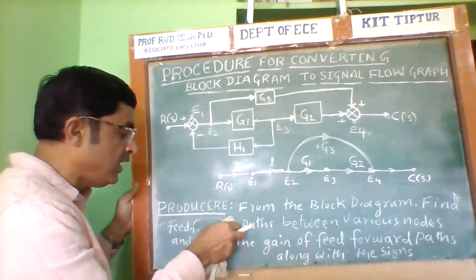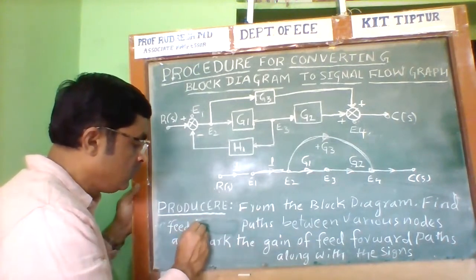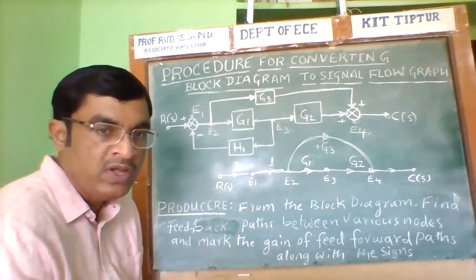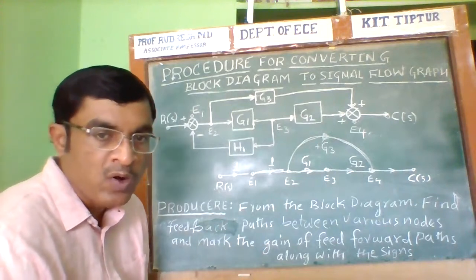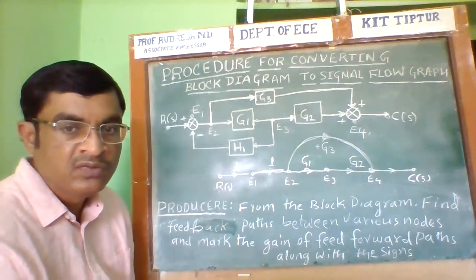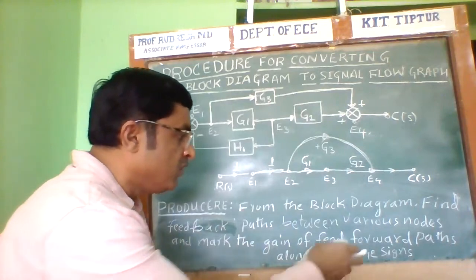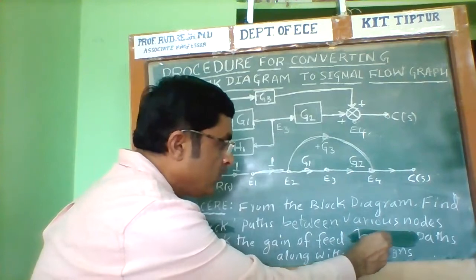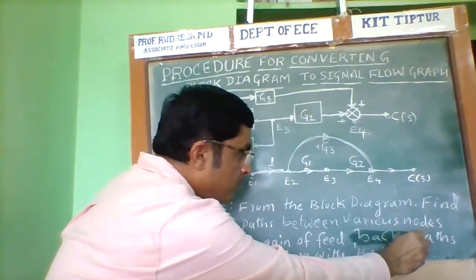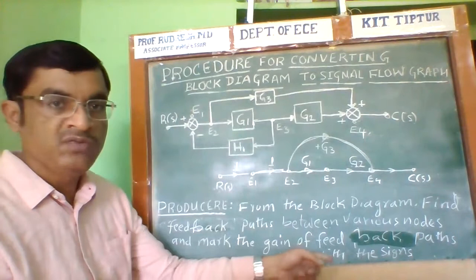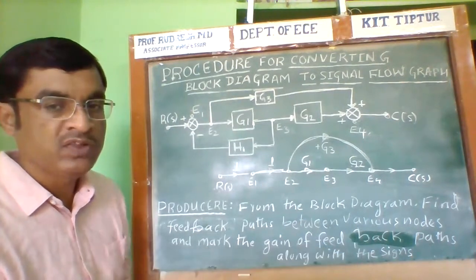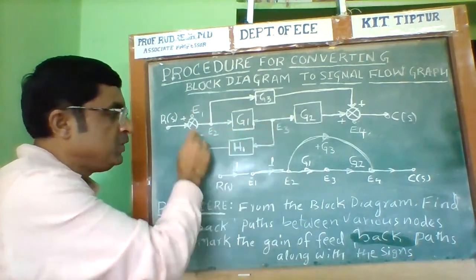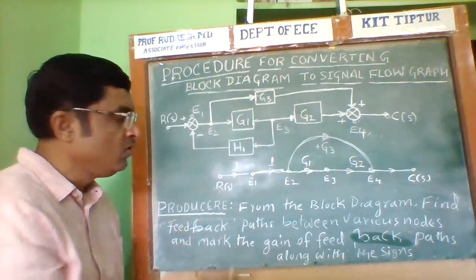We go for the feedback path between various nodes and mark the gain of the feedback path along with the sign. From the diagram, identify the feedback path between the various nodes.